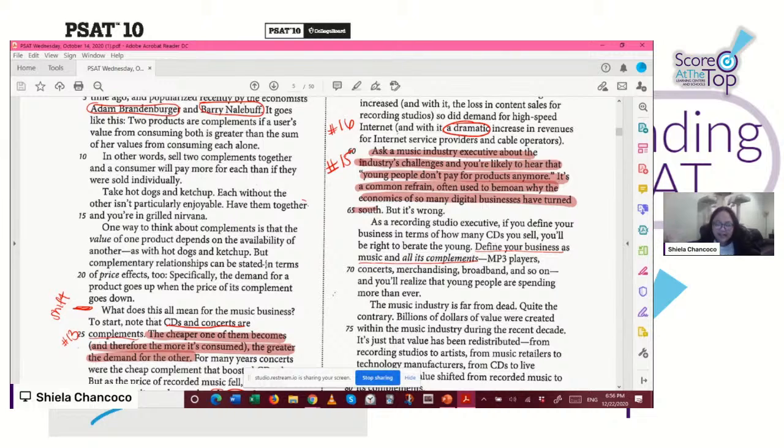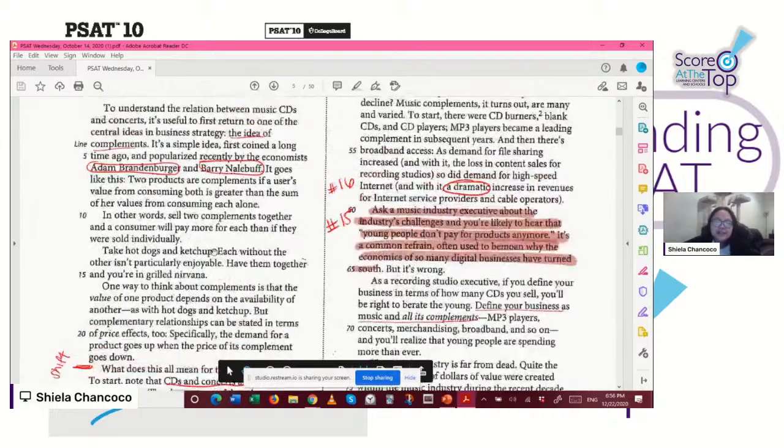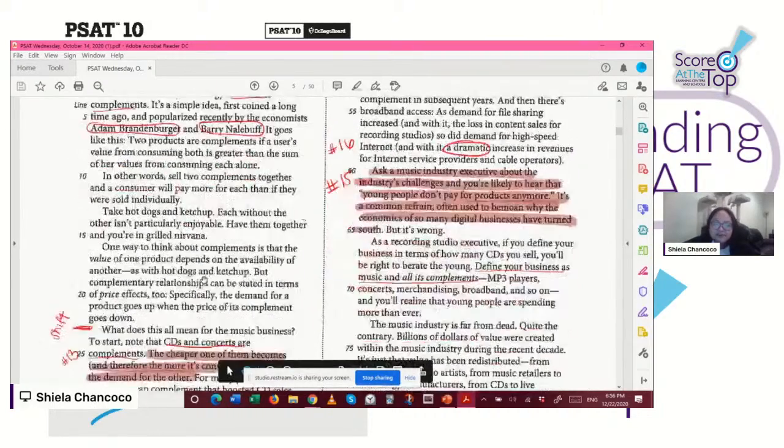So if they said we like a lot of hot dogs, of course the ketchup, because people like to put ketchup on hot dogs, will also be wanted. So that's basically the idea there, right? Like the economics idea of complements.